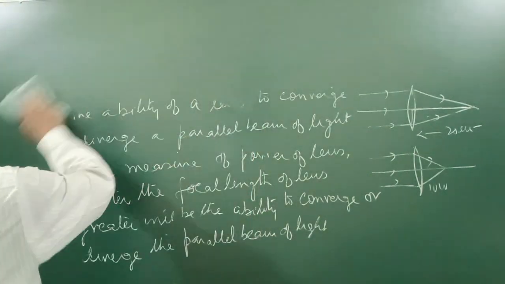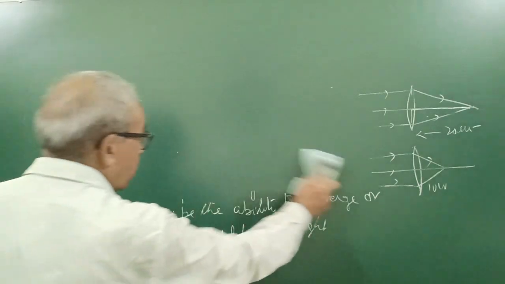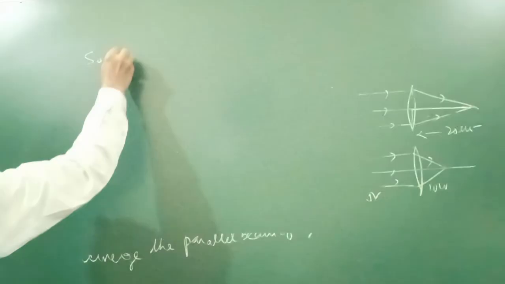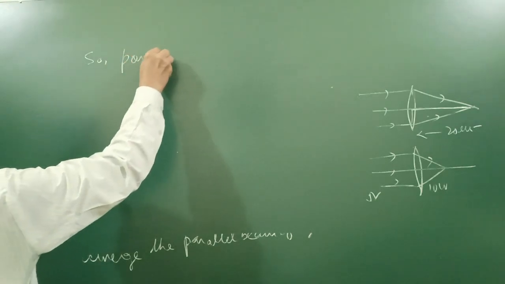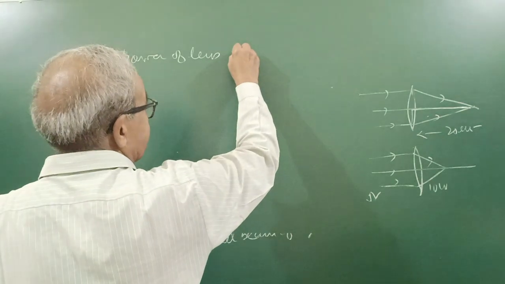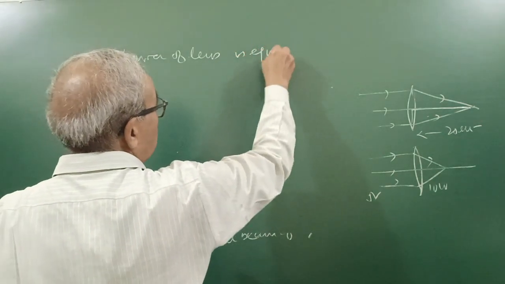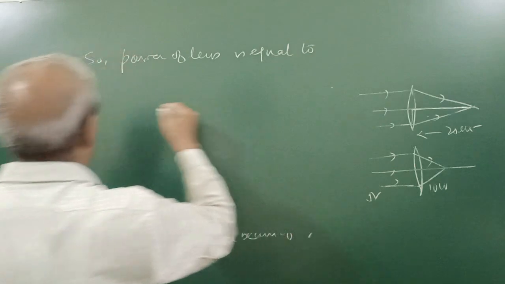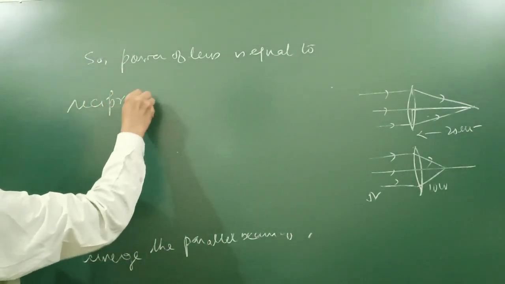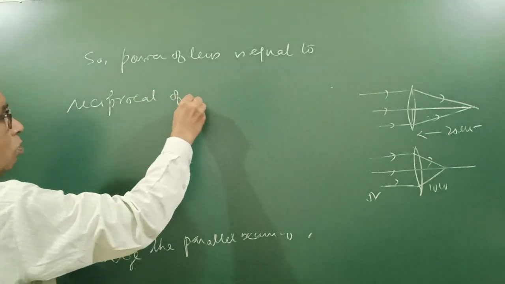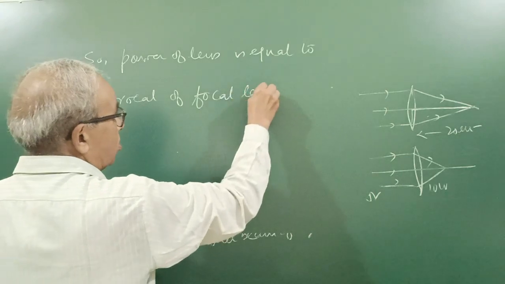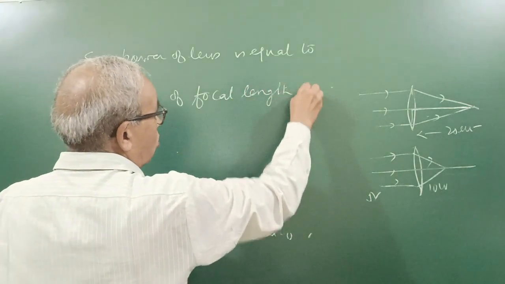So the power of a lens is equal to the reciprocal of the focal length of the lens.